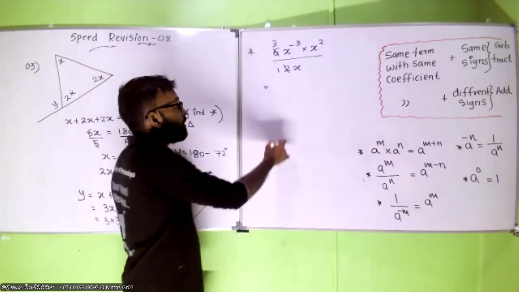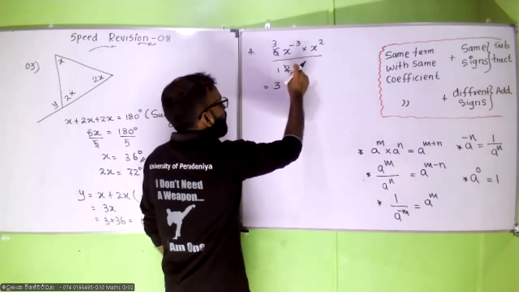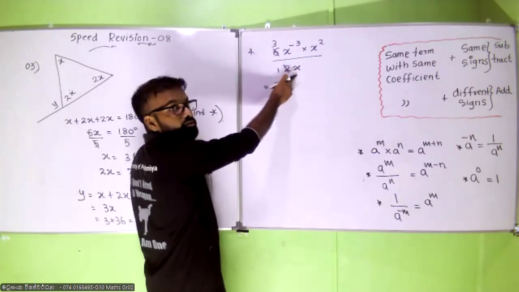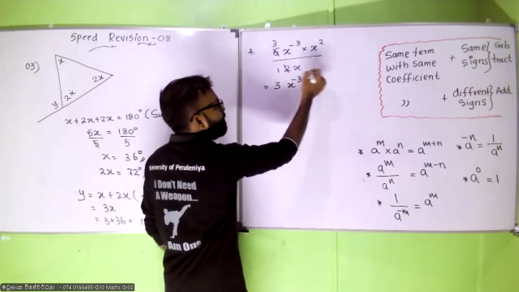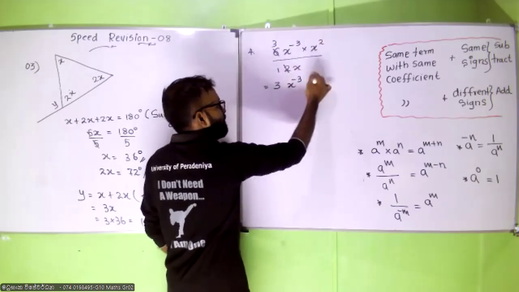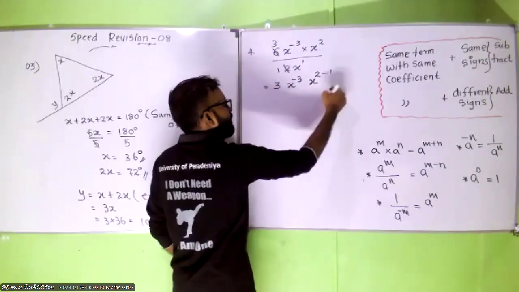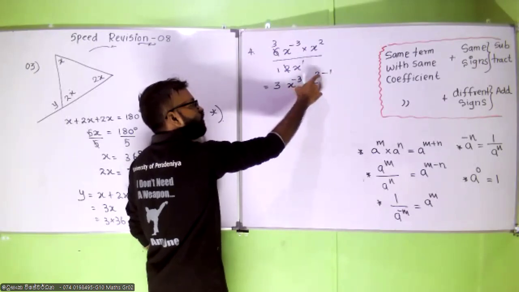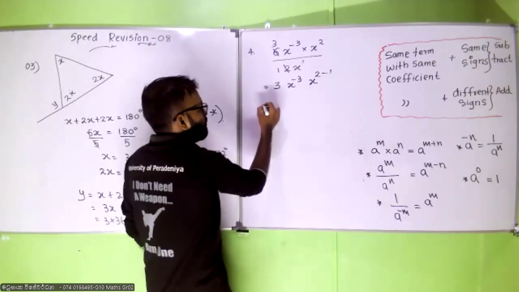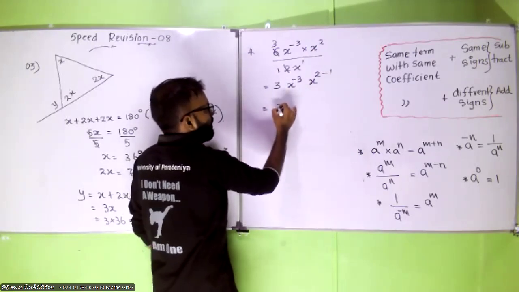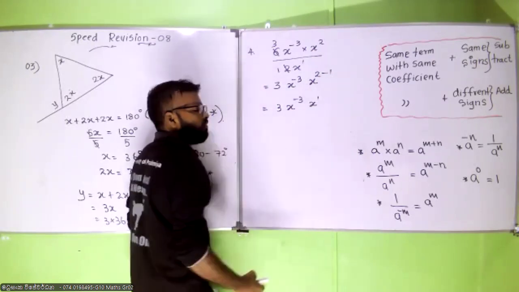Right. So now you can simplify. First of all, I am going to eliminate the denominator term. x to the power minus 3, I will keep it like that. For the same base, x to the power 2 and x to the power 1, I can write x to the power 2 minus 1 by using these laws of indices. So the answer is 3 x to the power minus 3, and 2 minus 1 means x to the power 1.